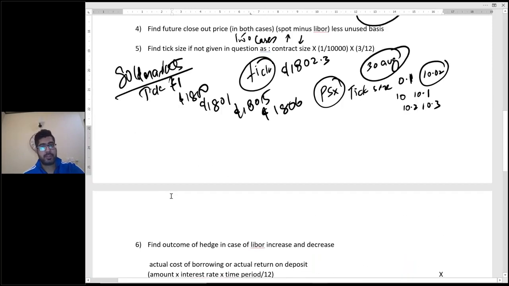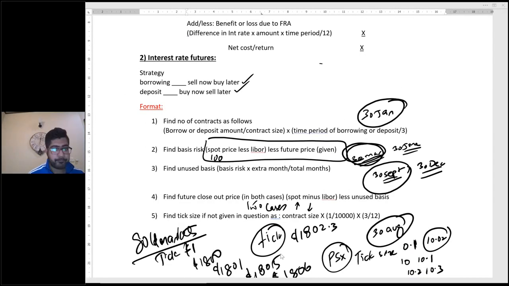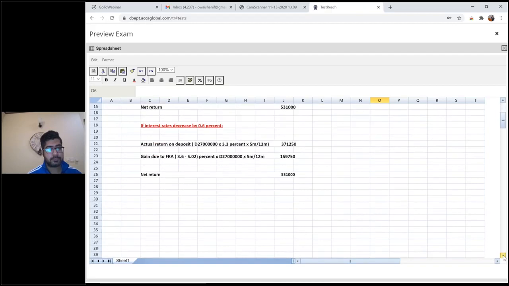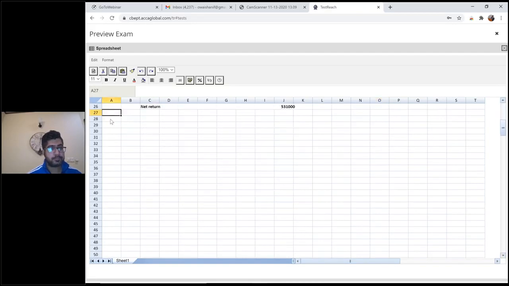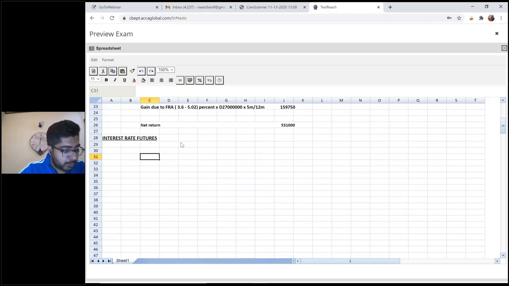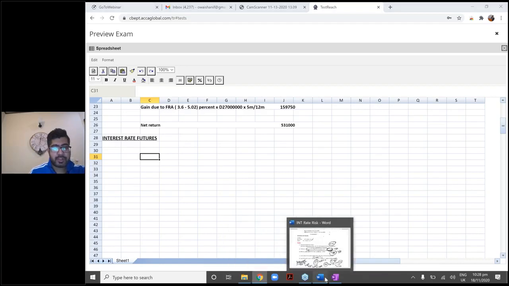Let's now start futures for this question. As far as interest rate futures is concerned, you have to work around and show 7 steps.